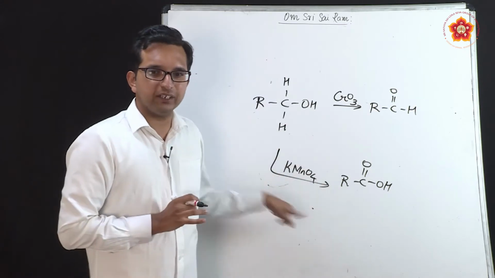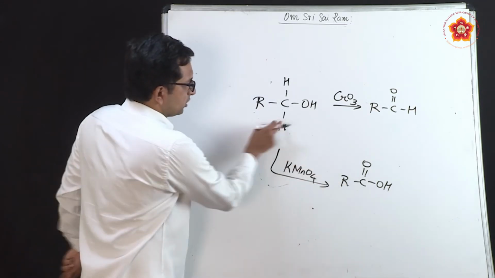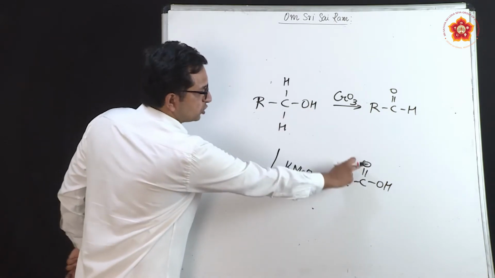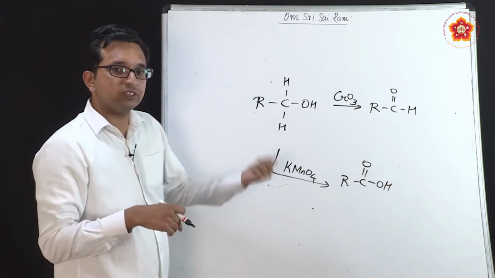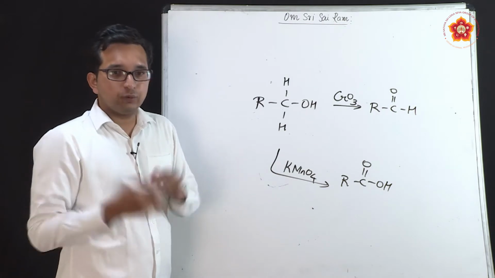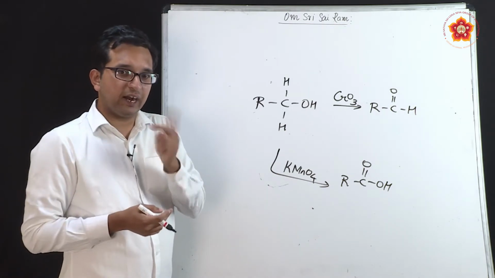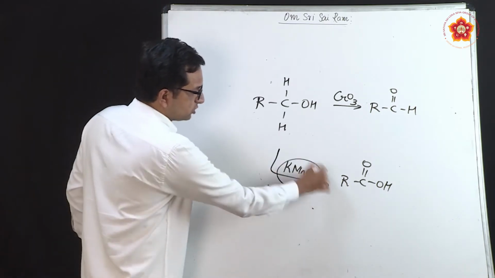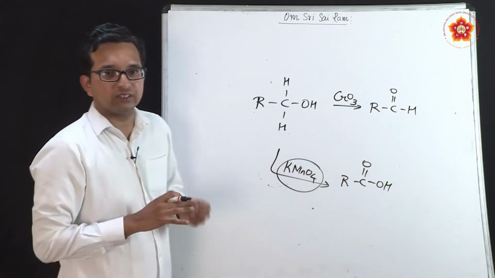In total, it has added another oxygen. You can see just one here, whereas two here, and along with this it has removed two hydrogens also. Which means that it has to do multiple works, add oxygen and remove hydrogen. That is why a strong oxidizing agent will be required in this case.